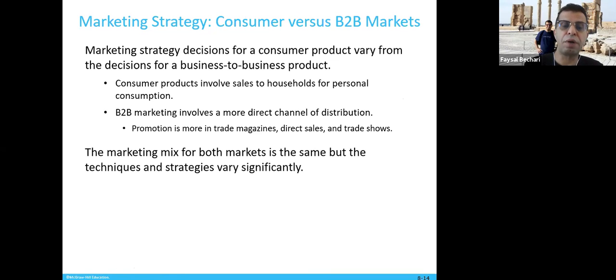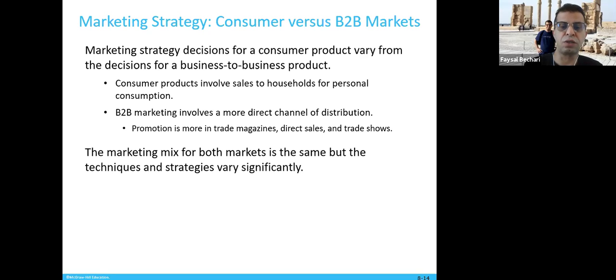Now, we are talking about marketing strategy, and the marketing strategy is different when you do B2C, business to consumer or customer, or B2B, business to business. These are two different markets. They look at business differently, and how they buy.